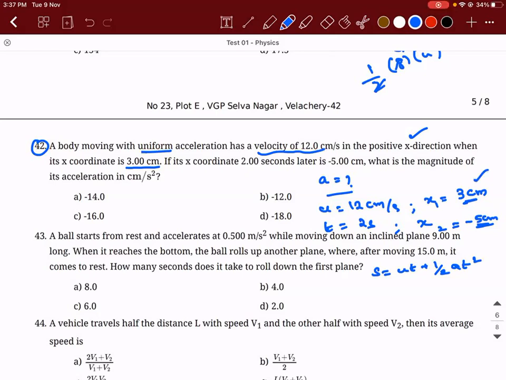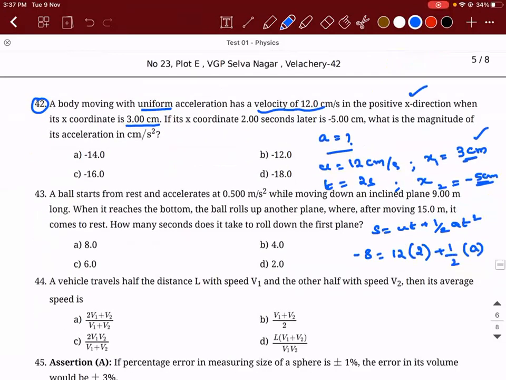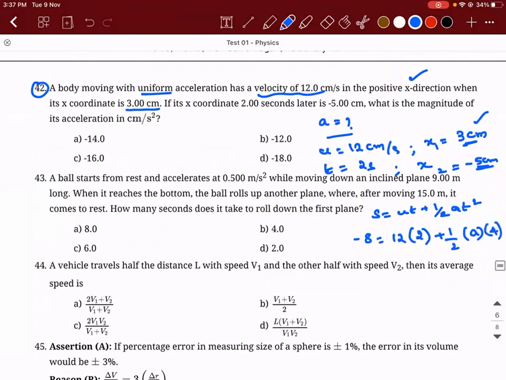So the total displacement of the object, can I say it is minus 8? Yes, it is minus 5 minus 3, that is minus 8, is equal to initial velocity 12. Everything is in centimeters, so I'm not converting it, into the time, which is 2 seconds, plus half into acceleration of the object, which we need to find, into time square, which is 4, correct?